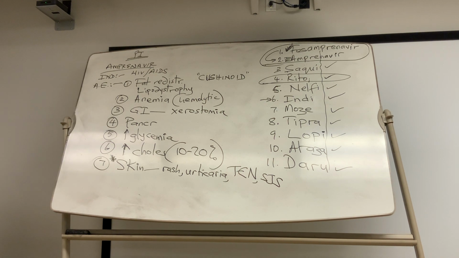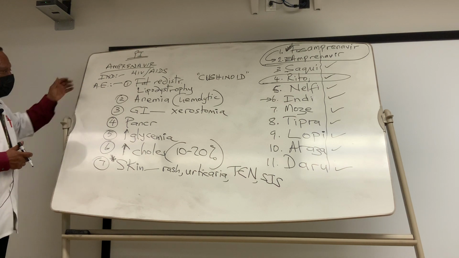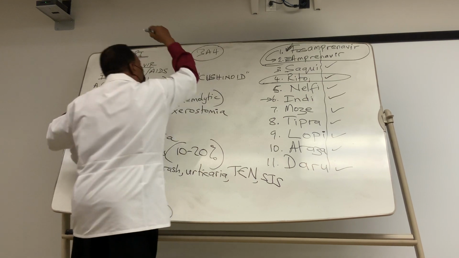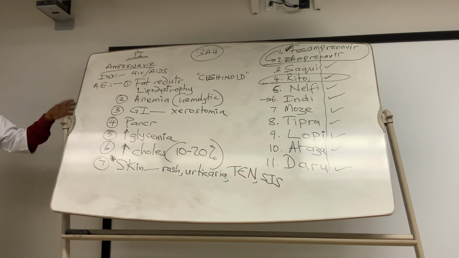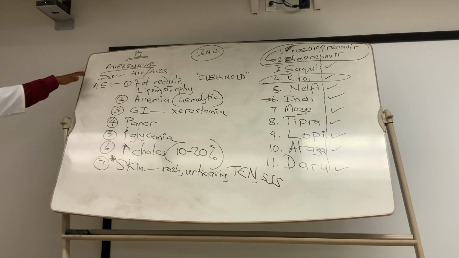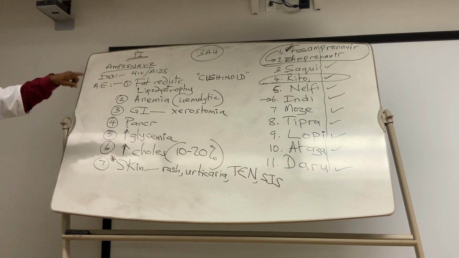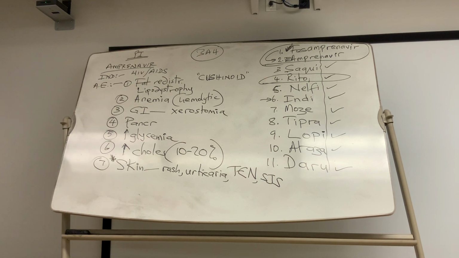Okay. Some drugs that can interact with your amprenavir would again be drugs that would affect that 3A4, which biotransforms the drug. Amprenavir can inhibit 3A4 itself, but not as much as your ritonavir.